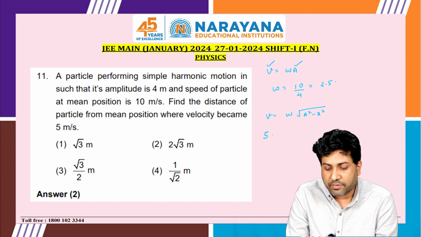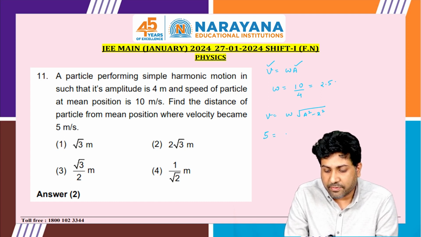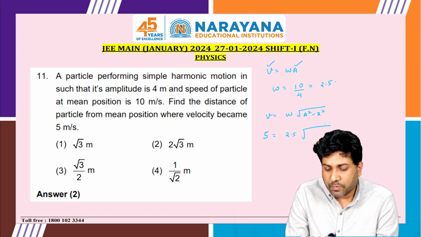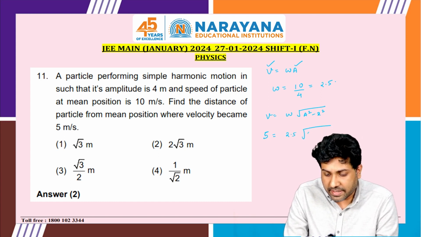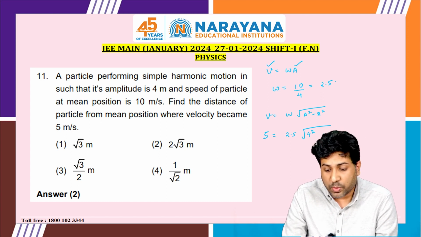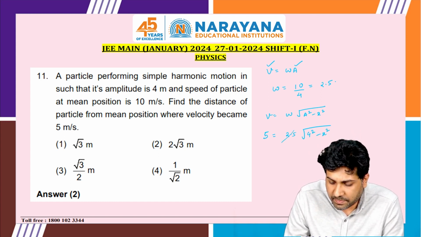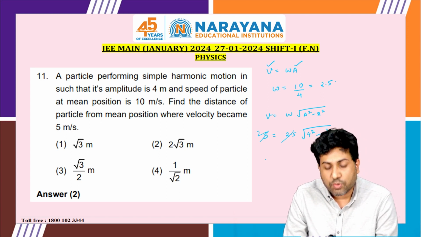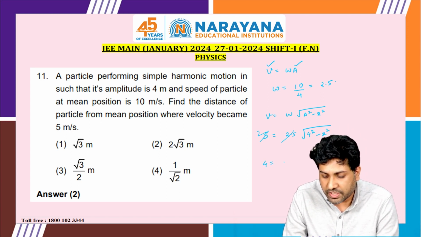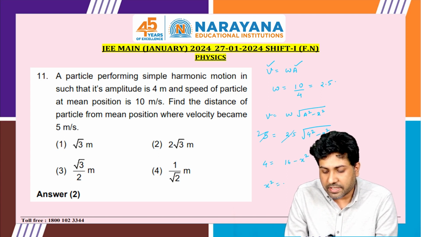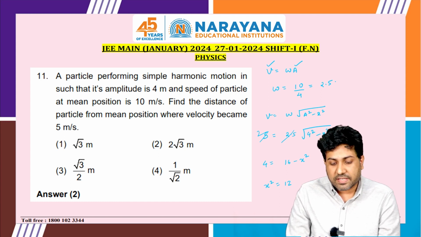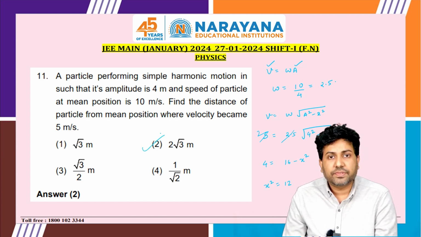So I will just write v as 5, omega as 10 by 4 or 2.5, root over a square, a is given to you as 4, and x I need to find out. This will become 2, and if I square it I will get 4 is equal to 16 minus x square, so x square is equal to 12. That means x is equal to 2 root 3.